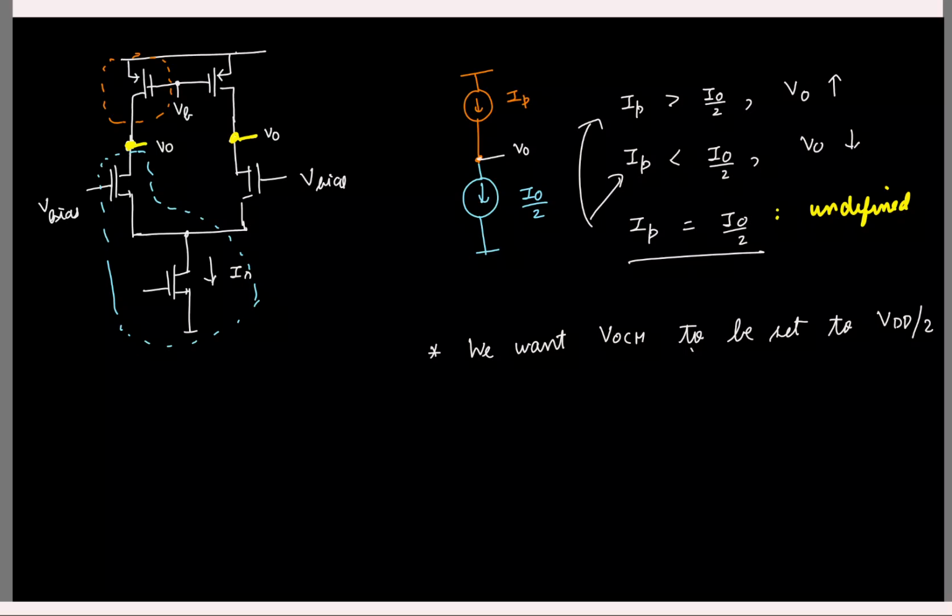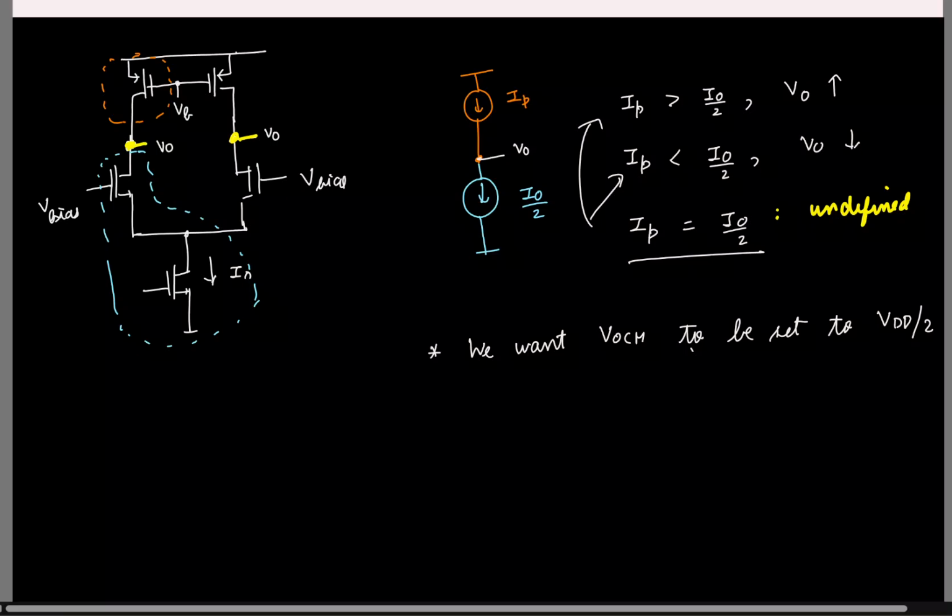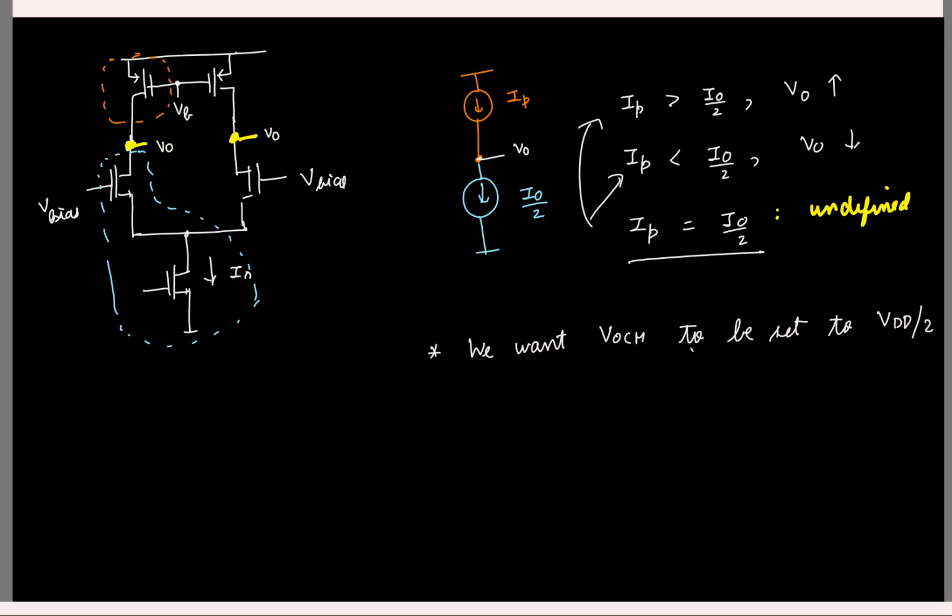You can make hundreds of circuits for the same thing, right? Whatever sets both the current sources, make them related to each other. See, the point is both current sources are now acting independently, so we cannot control them. What we should do is fix one of them, and based on that you control the other. You make only one of them act independently, and you tune the other current source.